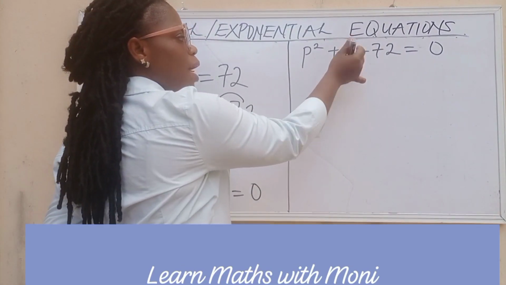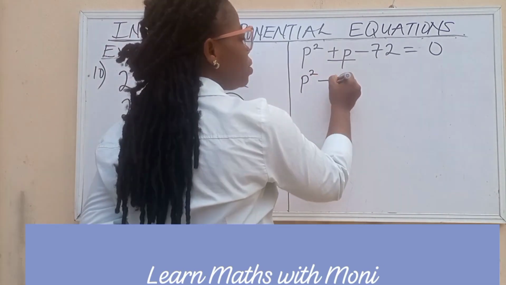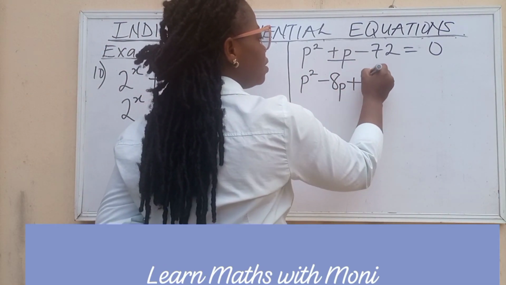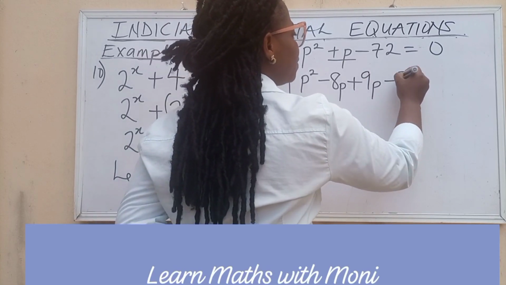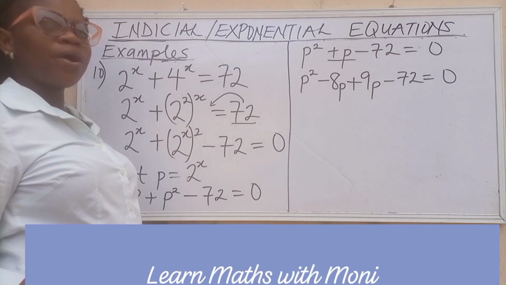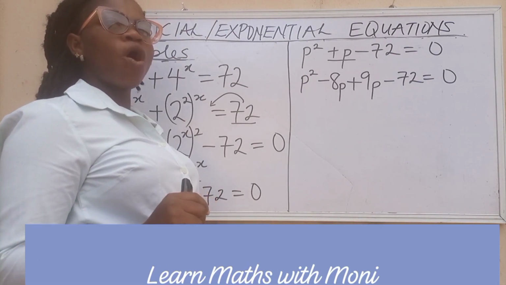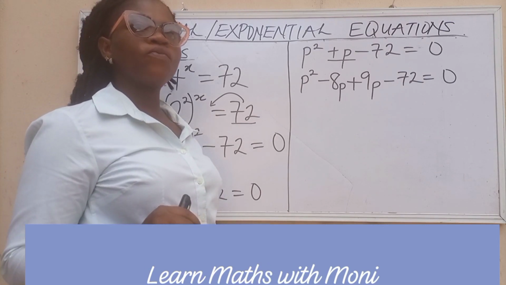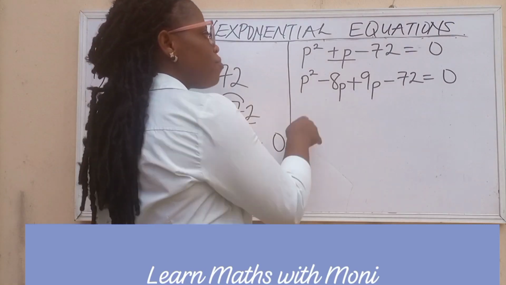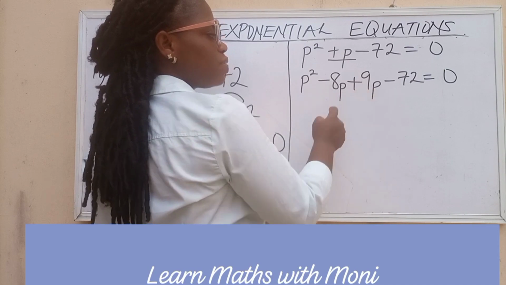So to expand my plus P, I will use minus 8P plus 9P minus 72 equals to 0. Like I said earlier on, make sure you revisit the lesson on factorization of quadratic equation. So I have expanded my plus P as minus 8P plus 9P.